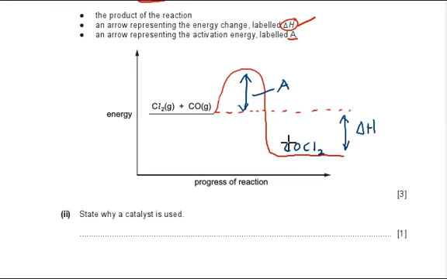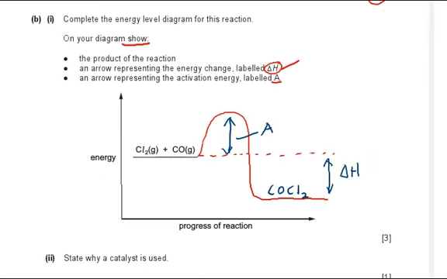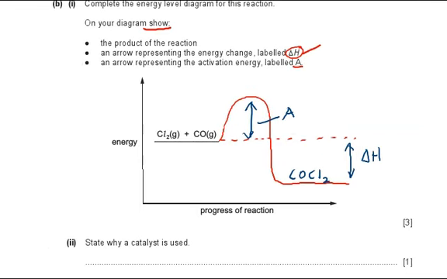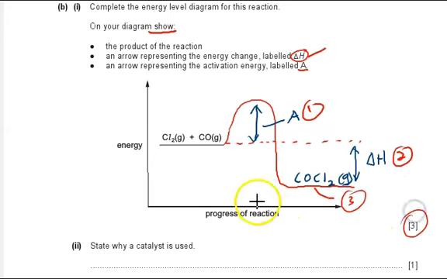Okay, so this is your answer. Let me just confirm it again, and make sure you put the state of the product. So you must have 3 things over here. This is 1, this is 2, and this is 3. So that's how you get the 3 marks.